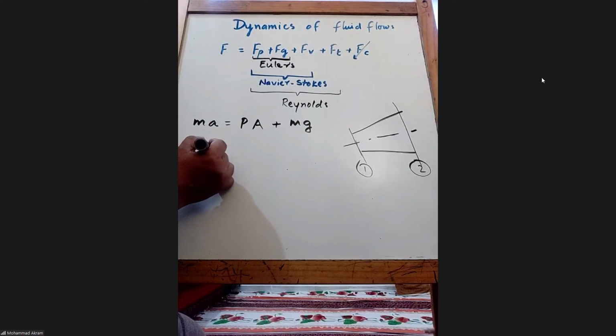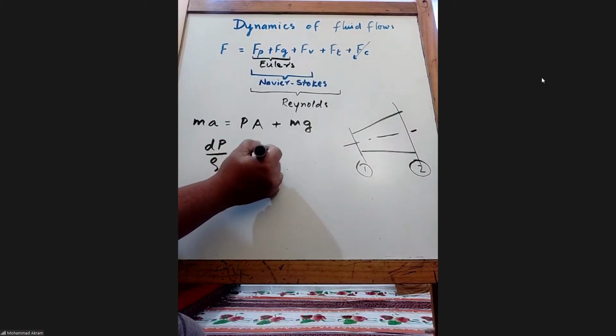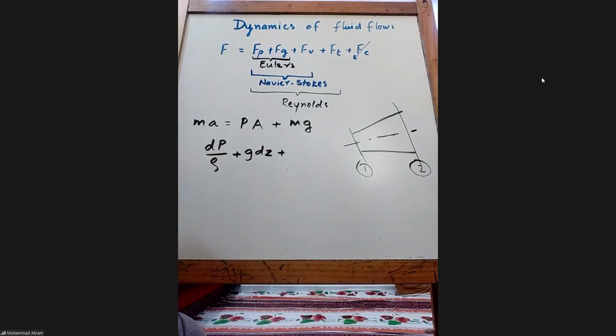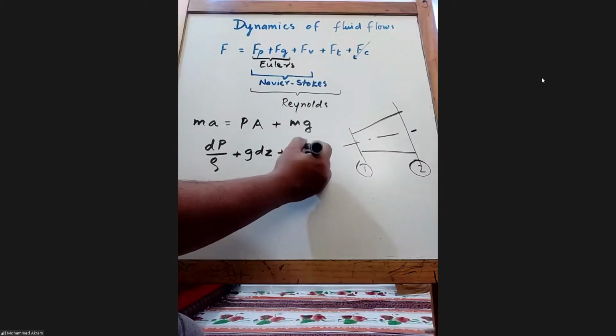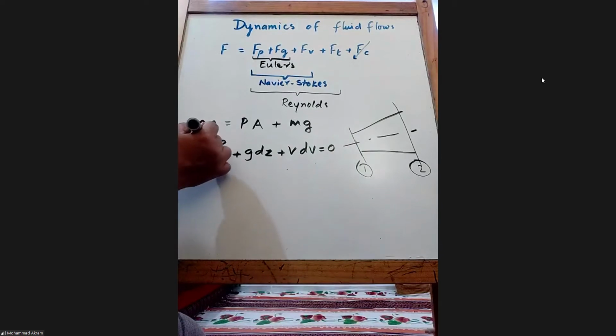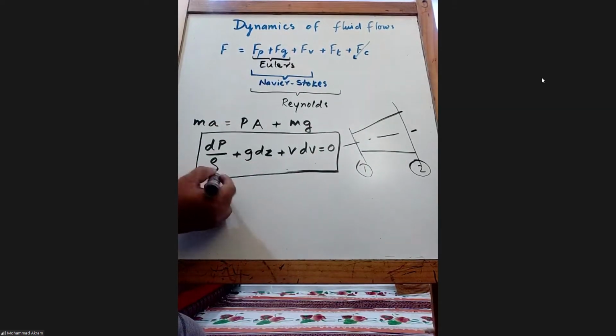Do you remember that equation? dP by rho plus G multiplied by dZ plus V dV equals 0. What is this? This is Euler's equation.